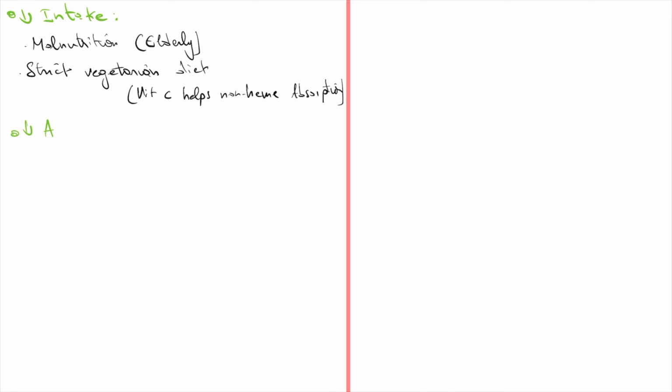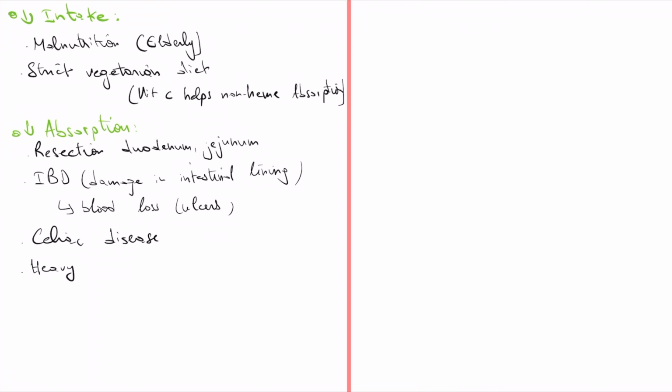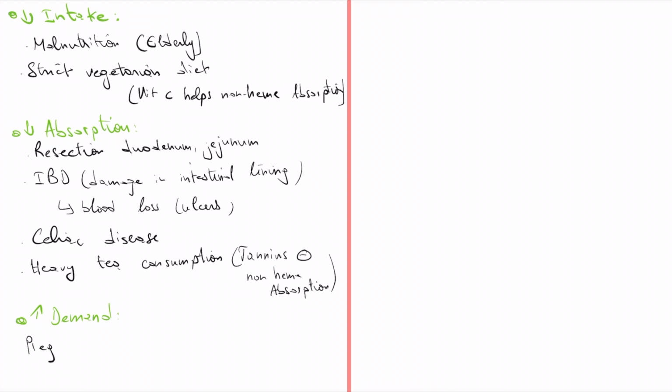Causes of decreased absorption, we have resection of the duodenum and the upper jejunum, inflammatory bowel disease through damage in the intestine lining, celiac disease, and heavy tea consumption, as tannins found in the tea inhibit the absorption of non-heme iron. An increase in the demand, especially in adolescents and in multiple pregnancies.